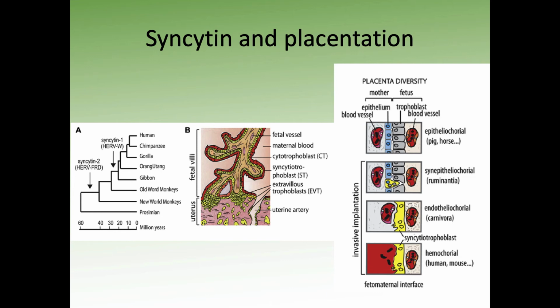Because it's not 100% hers. It's 50% the father's genome. So it's going to look a little bit foreign to the mother. So how does she allow this organism to persist?